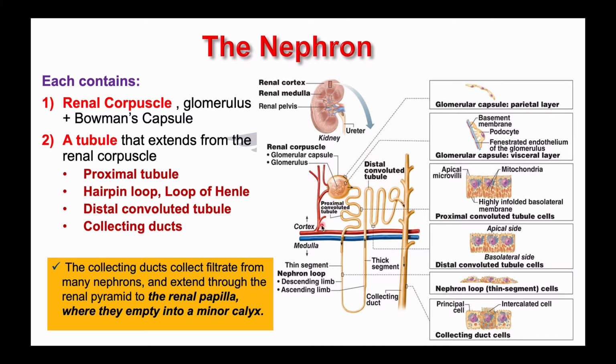Inside the Bowman's capsule, the afferent arteriole enters and forms a large amount of capillary beds. Then the efferent arteriole comes out. So this is forming the juxtaglomerular apparatus.